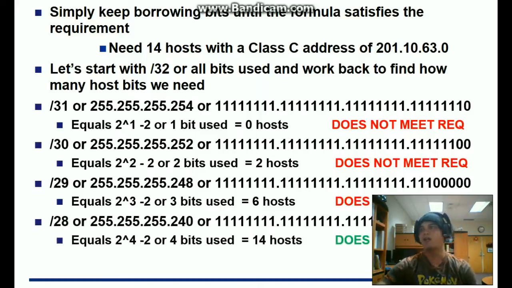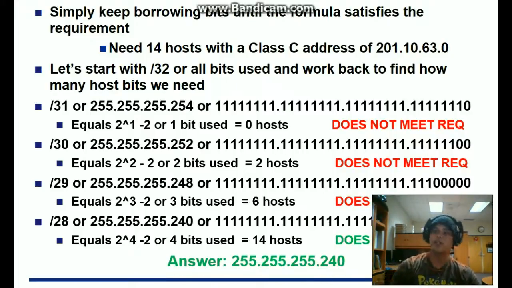If we have 4 bits saved in the host, then that gives us 14 hosts per subnet. And this does meet our requirements, so our answer as well is 255.255.255.240, and that gives us 14 hosts per subnet.